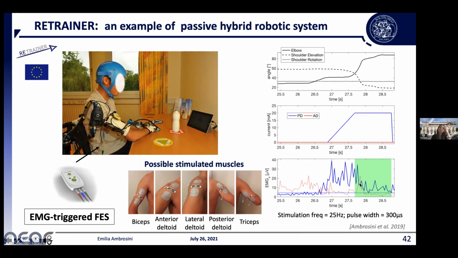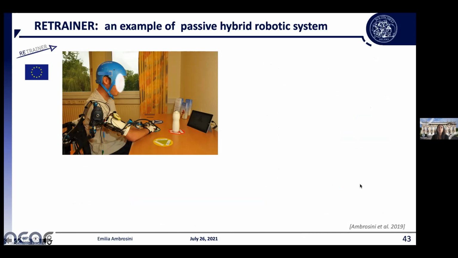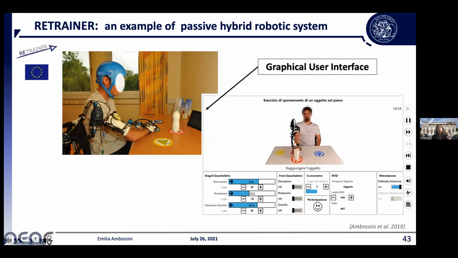If this was above a certain threshold, then we show a happy smile to the subject, shown here in this graphical user interface. Otherwise, if the subject just let FES do the job, then we show a sad smile here.